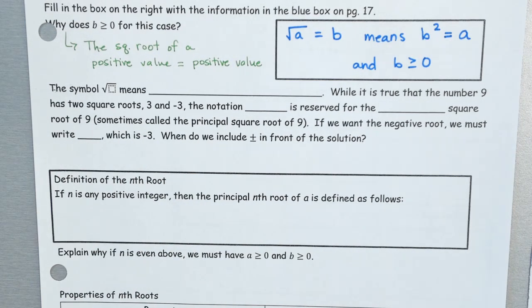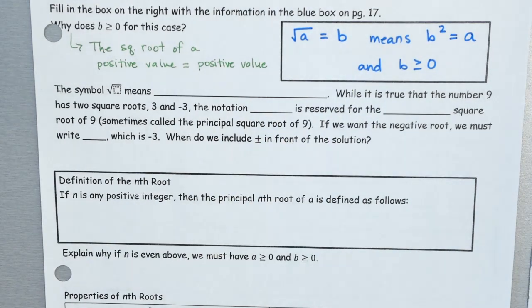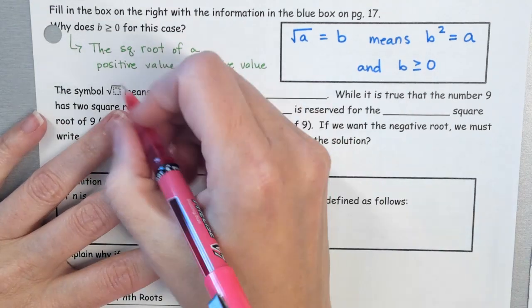So the square root of a positive value a has to equal a positive value. We're going to talk about when it's plus or minus and when there is what's called a principal root. So that square root symbol means the positive square root of whatever variable you have.